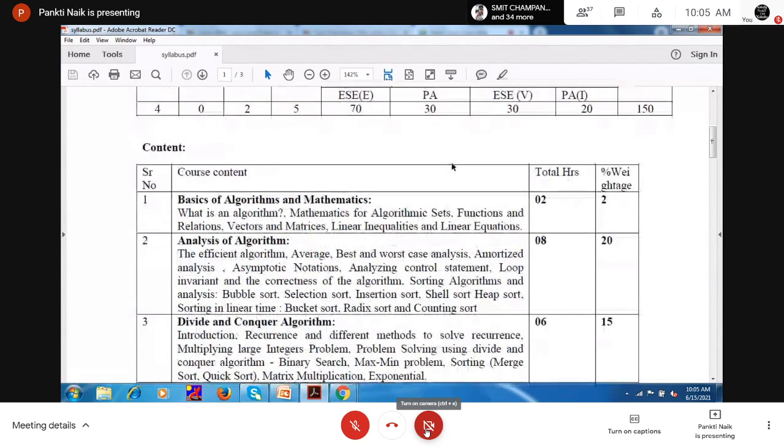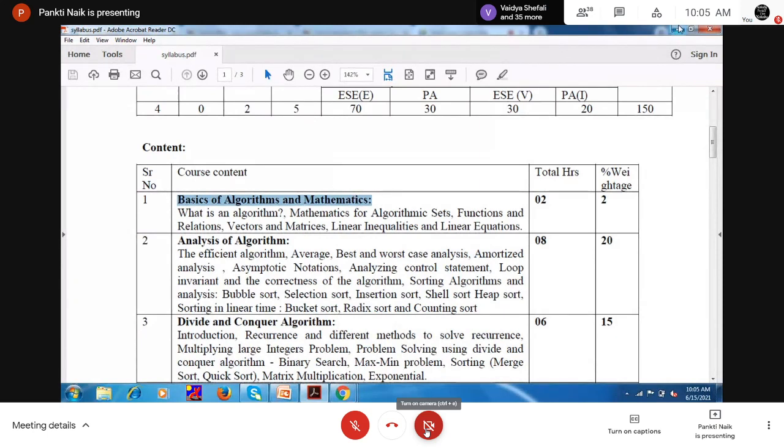So first we will start with the first chapter, that is basics of algorithm and mathematics, right? In this chapter, we learn what is algorithm, different properties and characteristics of algorithm. Then different mathematics, sets, functions, relations, vectors, how they are used in algorithms, right?